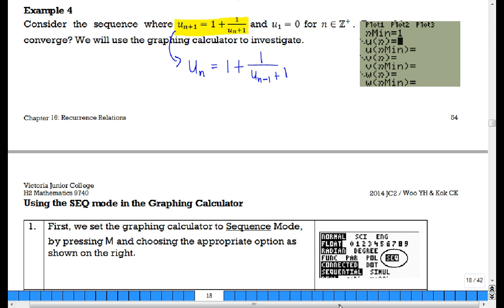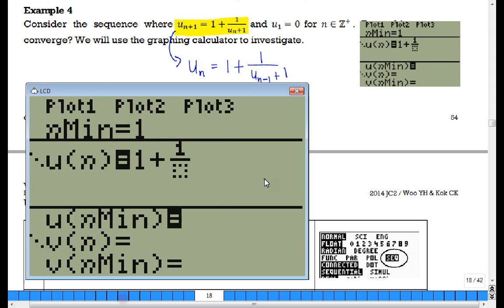So we write 1 plus, okay, let's do it in nice fraction, 1 over, where's my detached LCD? Here, 1 over. Now first, how do I enter un minus 1?